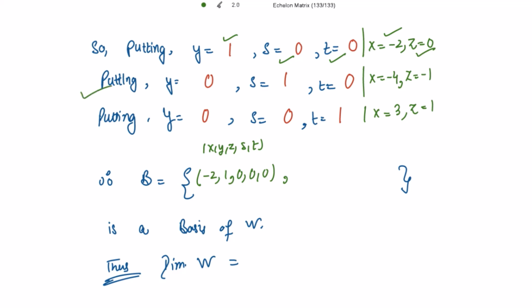Similarly, from the second set, we get the element as -4, 0, -1, 1, 0. And the third element from this set is 3, 0, 1, 0, 1. So these are the bases of the solution space W. And how many elements are there? 3. So the dimension of W is 3. Alright, thank you.